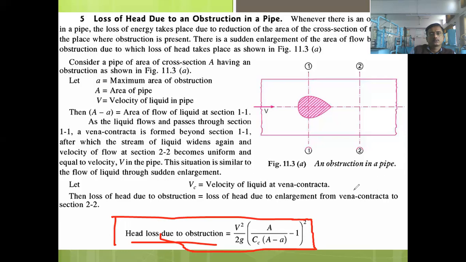Where capital A is equal to area of pipe, small a is equal to maximum area of obstruction, and Cc, as usual, is equal to coefficient of contraction.